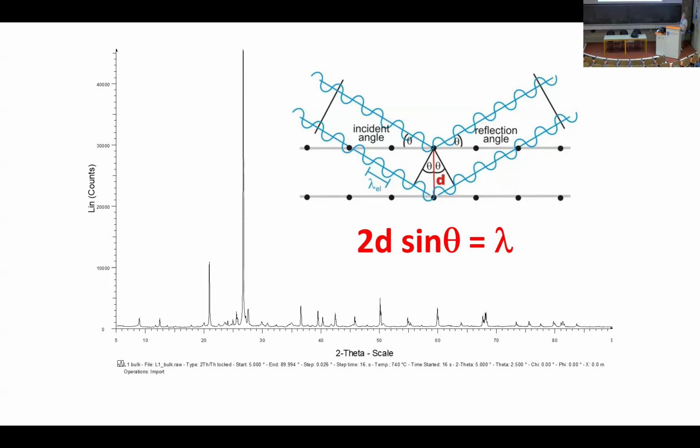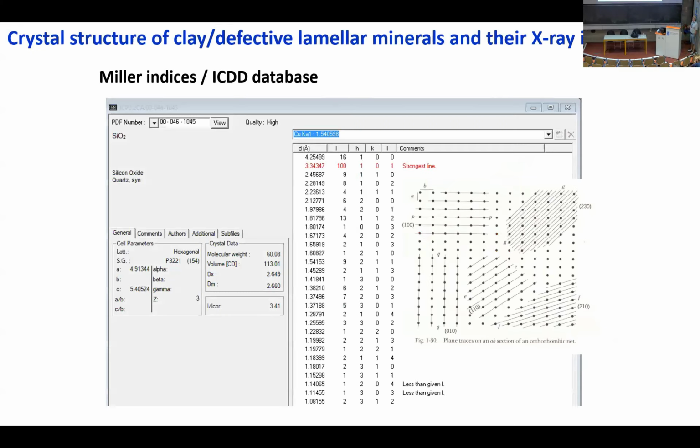And the next thing is to try to say that I have a peak here at 4.26 angstrom, this is 3.44 angstrom, etc. And from that, I will compare all the positions I have recorded in my samples to a series of databases that record all known phases, or all known minerals in our case mostly, which will record all the different lines that should be present for, in this case, quartz.